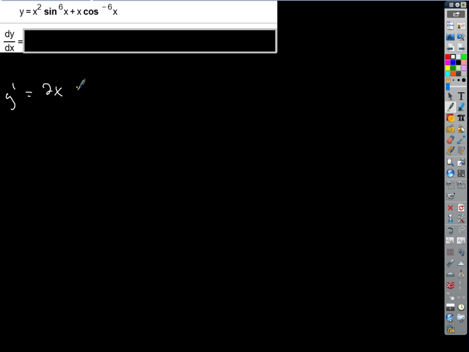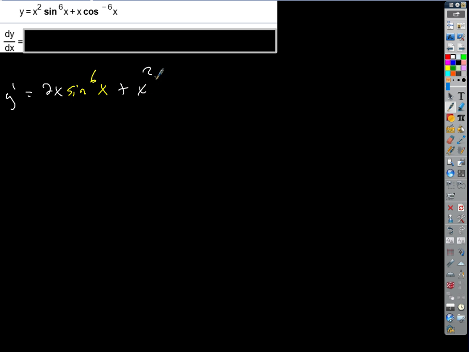First times derivative of the second plus second times derivative of the first. And then sine 6x. There you go. So 2x times sine to the 6th of x. So we did second times derivative of the first. So now we need to do what? First times the derivative of the second.